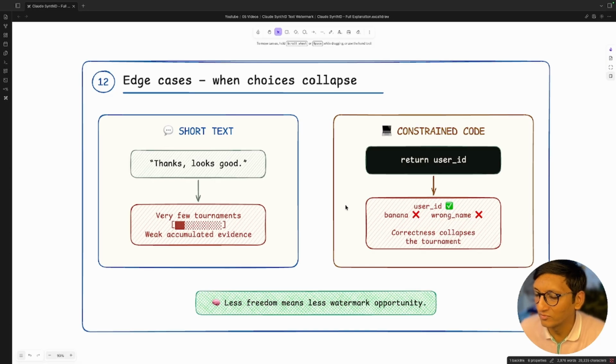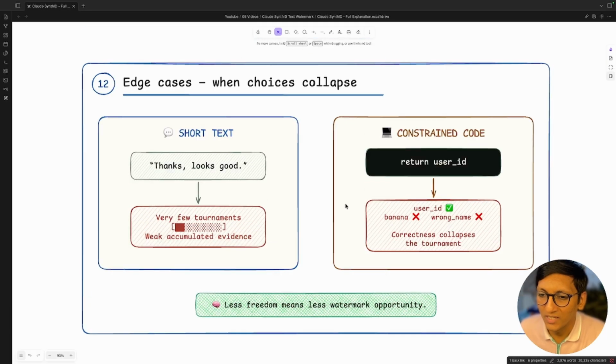Let's say the code needs to return user_id, and the alternative is to return banana or some other wrong variable name, where correctness collapses. There are no more than one or two possible choices. So less freedom means less watermark opportunity here.